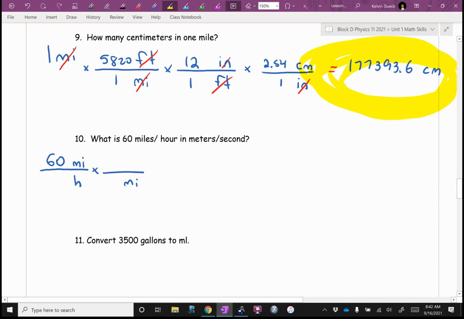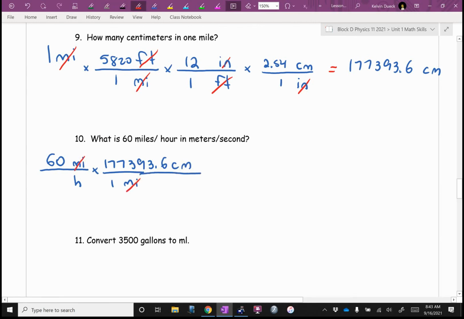Really? Why don't I do that since it's sitting in front of me? So I'm going to say 1 mile is 177,393.6 centimeters. I need to extend my fraction bar, but if I stop there, this would be centimeters per hour.